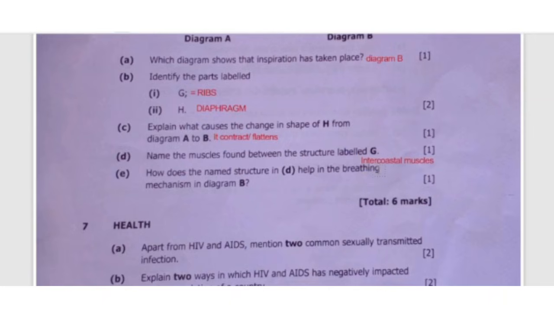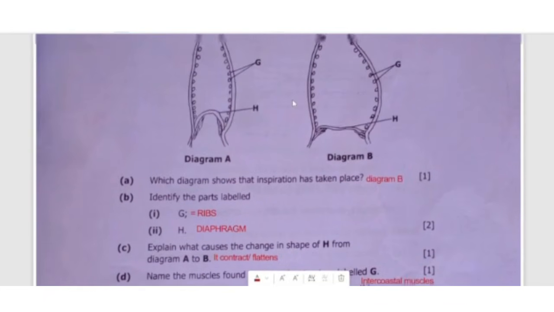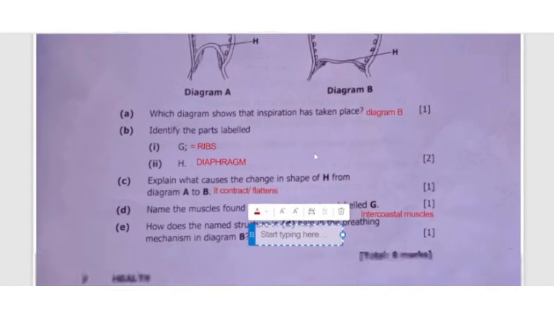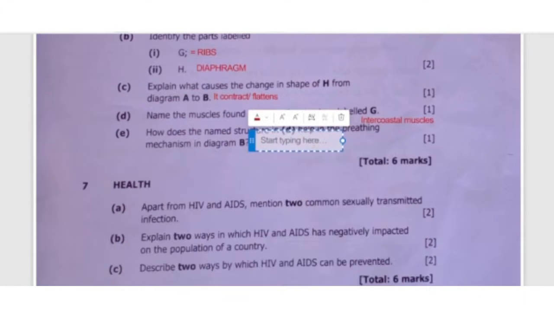Okay, so we come to question E. How does the named structure in D help in the breathing mechanism in diagram B? In diagram B, how does it help? This is diagram B. What happens to them in diagram B?